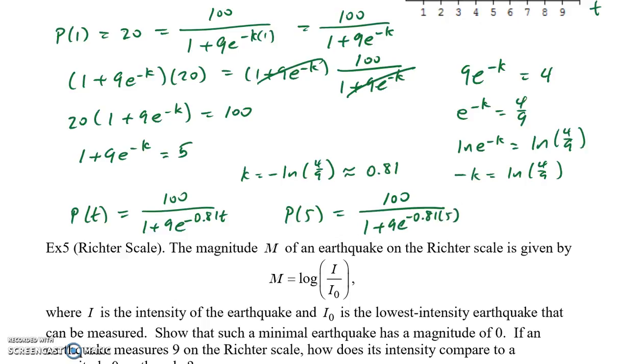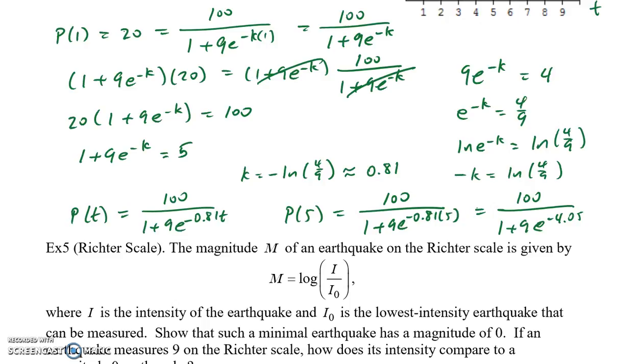All right, then just simplifying a little bit more, if we multiply the expressions in the exponent, we would obtain 0.81 times 5 is 4.05. So I'm going to write e to the minus 4.05.